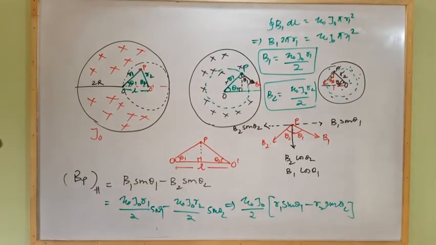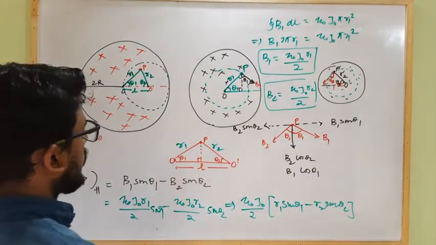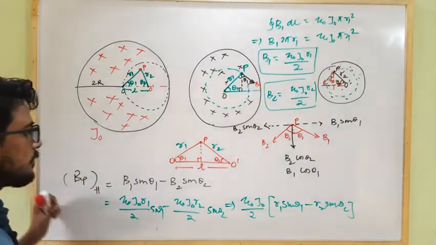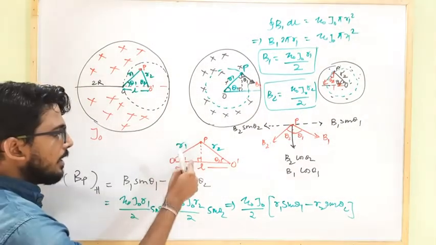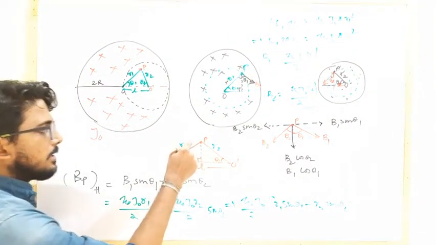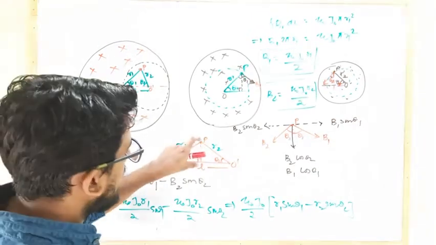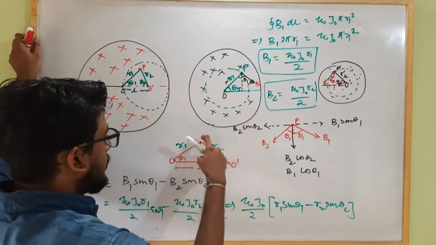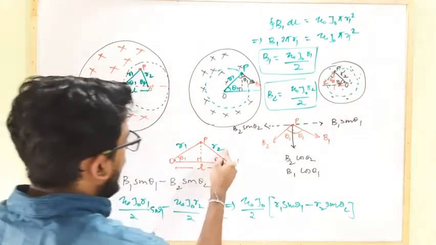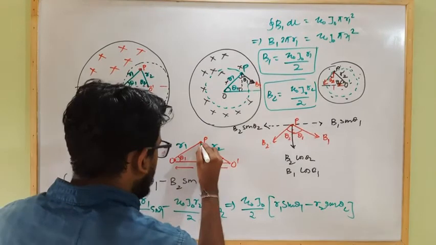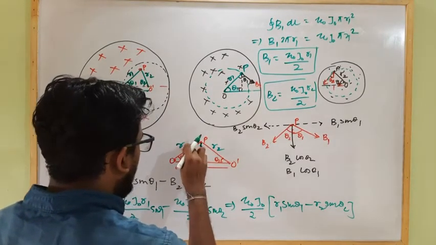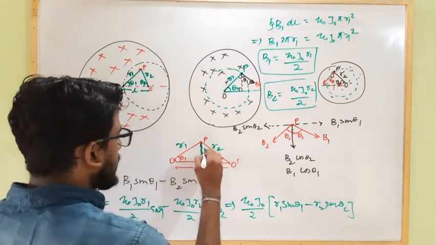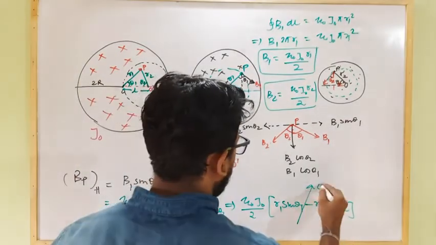So from this triangle, this is R1, this is R2. R1 sin theta 1 will be how much? Sin theta 1 equals P by H, so PL by H. R1 sin theta 1 will be PL. Similarly, R2 sin theta 2 will be this much length. So R1 sin theta 1 and R2 sin theta 2 are both equal to this height H. So this becomes 0.